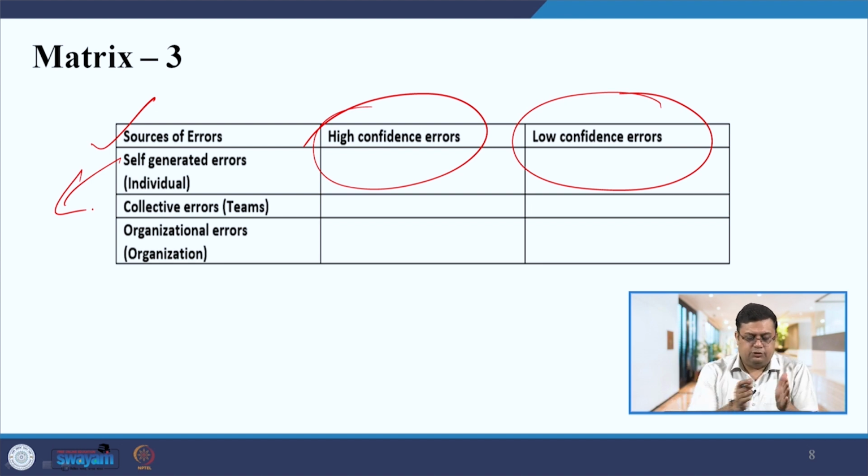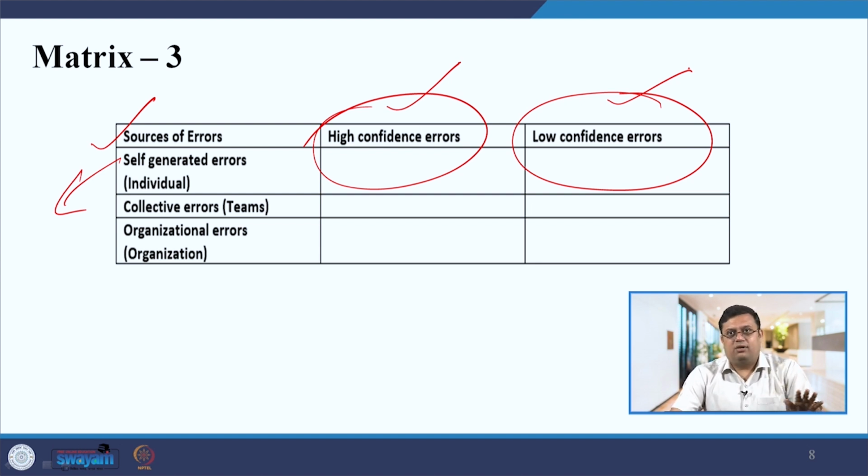Once you have divided the source, you can divide these errors into two categories: high confidence error and low confidence error. You need to understand the difference between them. High confidence errors are those errors in which the employee is confident about his answer. Although the answer is wrong, the employee is confident that his answer is right.